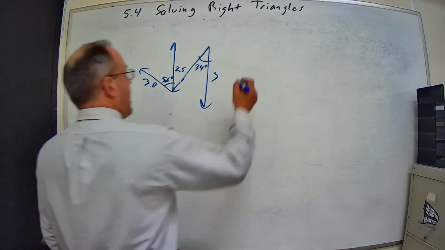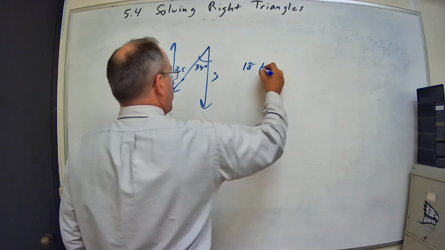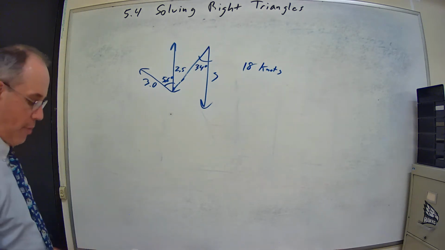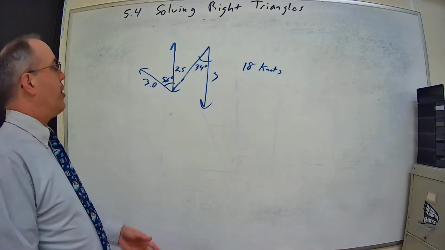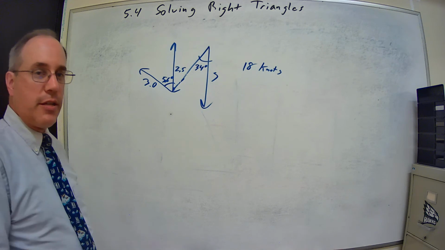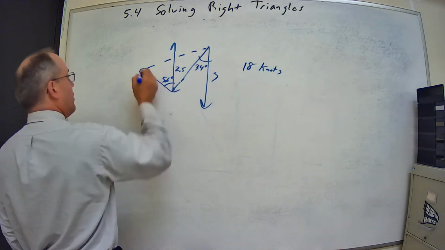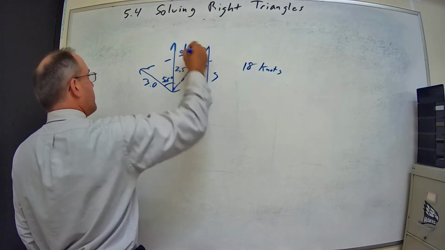It's traveling at 18 knots, nautical miles per hour, and we want to determine how far is it from its starting point. So we want to find this distance d.